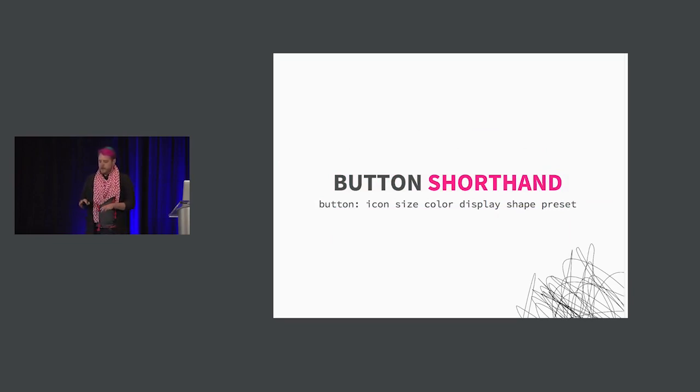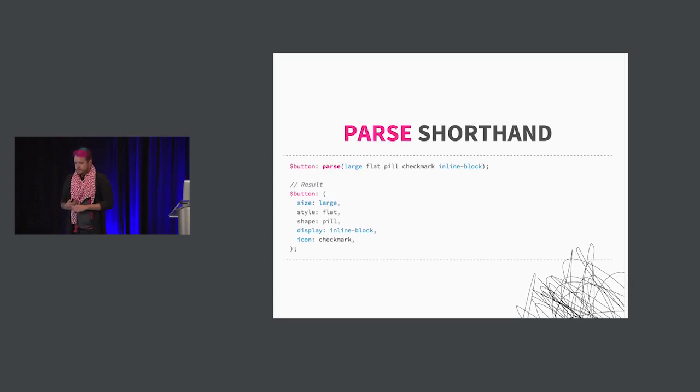So our shorthand in the end is going to look something like this. A button can have an icon, a size, a color, display, shape, and preset. We're dealing with display right now, but we want to be able to have these shorthand keywords that we just pass in any order. And then once it comes in, we'll parse it.